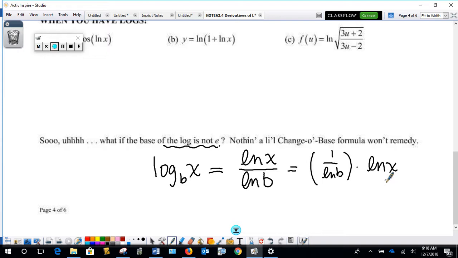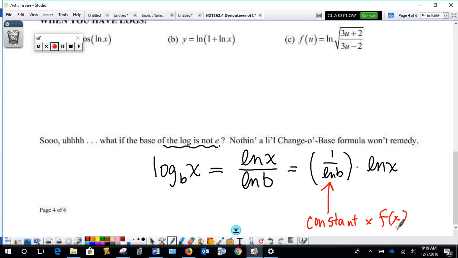And I'm going to point out that the base, when you know it, what is this actually if I know what b is? Think about when you're taking derivatives. If I know what b is, isn't this just a constant? So what do you know when you go to take the derivative of a constant? Well, but it's a constant times a function.